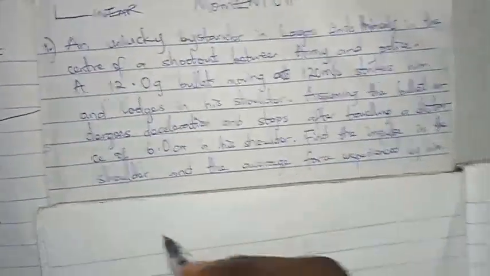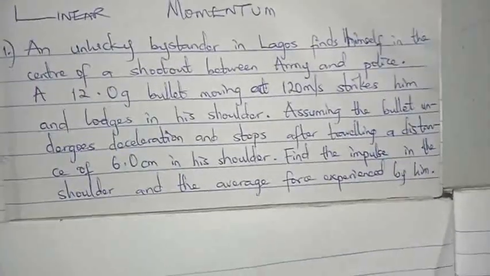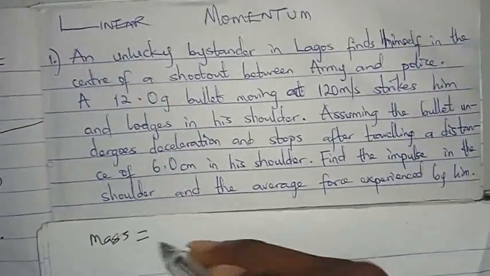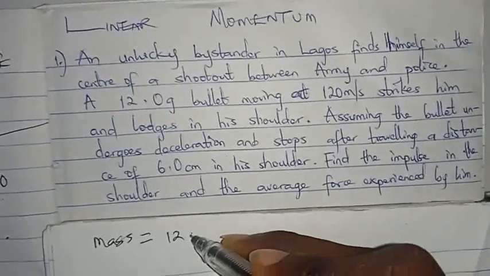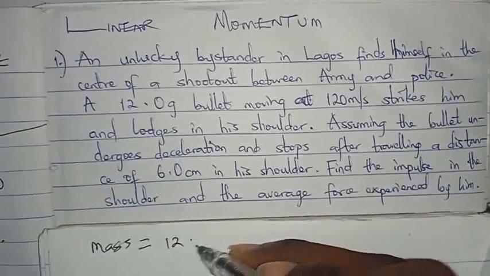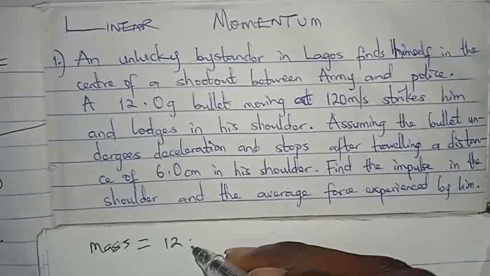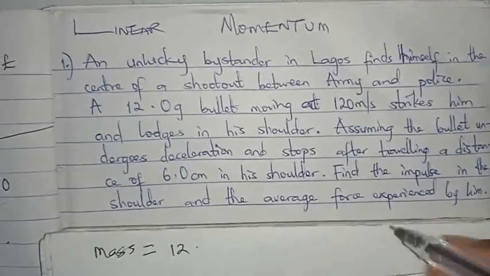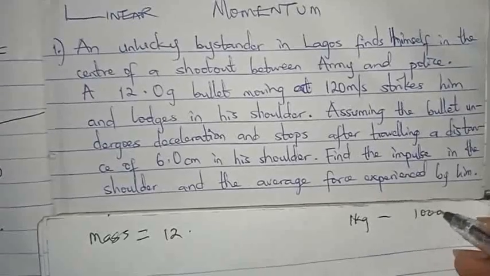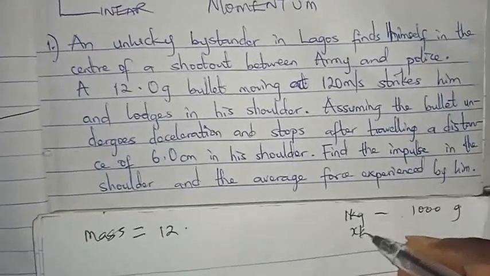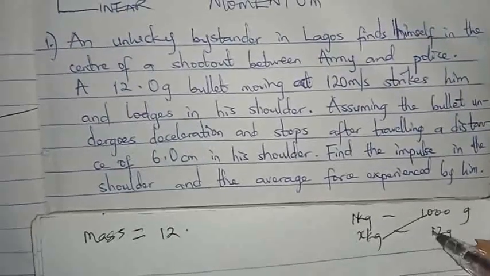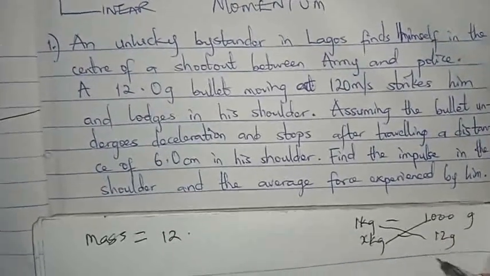All right, let's write the parameters we have out. I have the mass to be 12 grams, and we know that 1 kilogram is equal to 1000 grams. So let's say I know 1 kg to be equal to 1000 grams, then x kilograms is equal to 12 grams. If you convert, you see that you definitely have to divide.